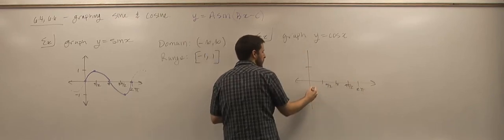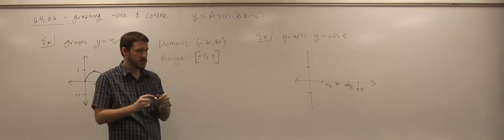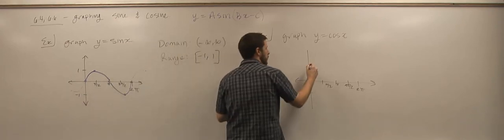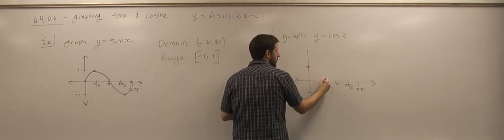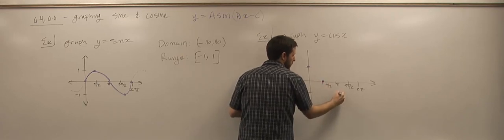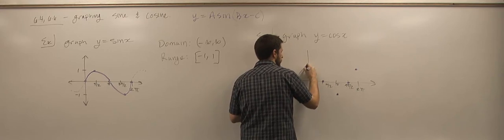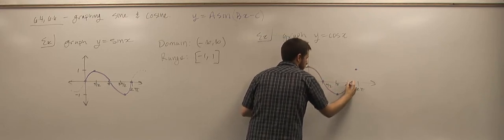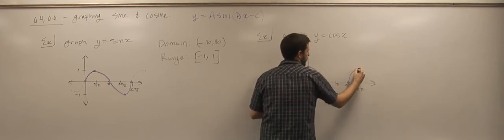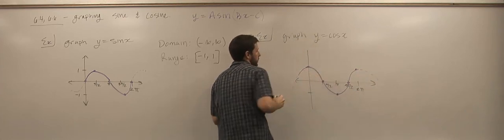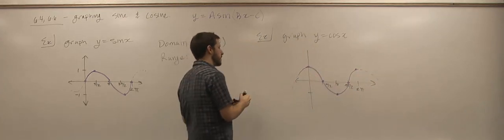But cosine bounces between negative 1 and 1 starting from a max. So you'll go max, 0, min, 0, max. Something like this is your cosine curve. These guys are up at 1. Down.